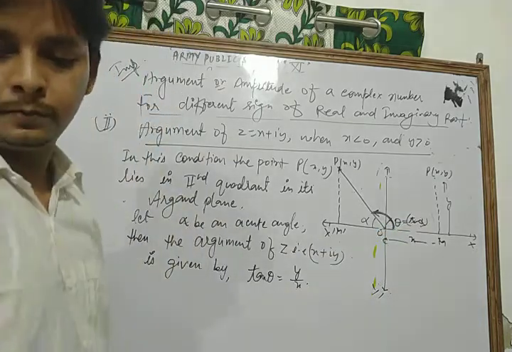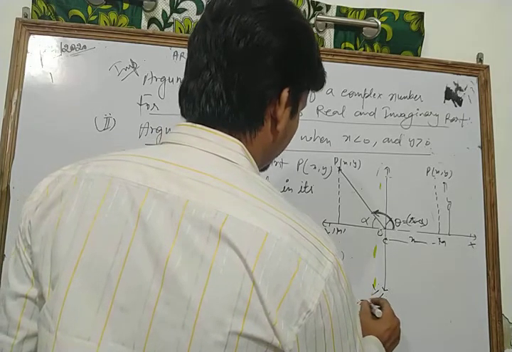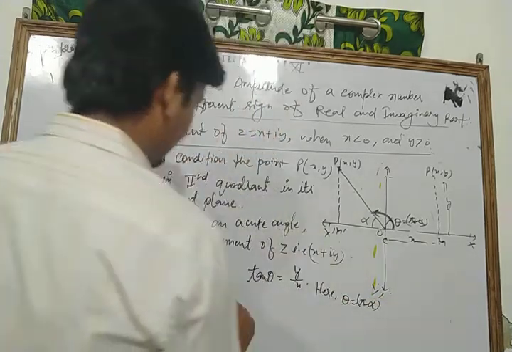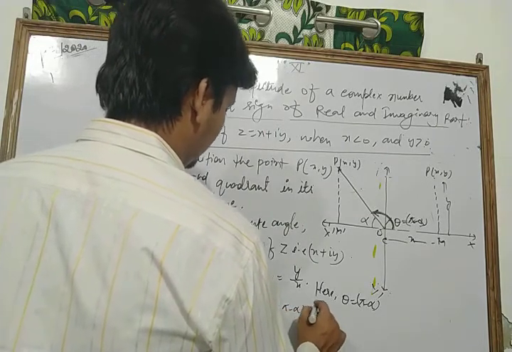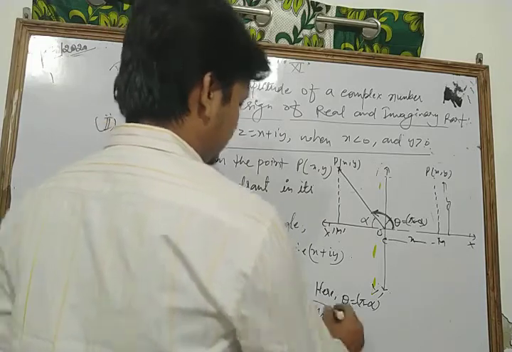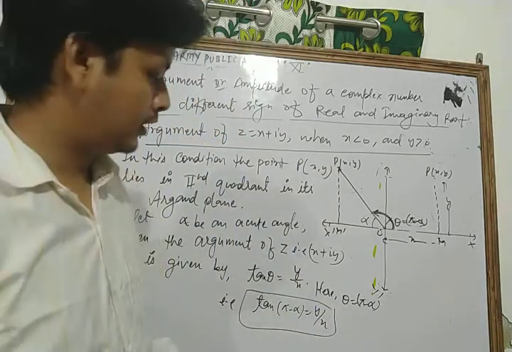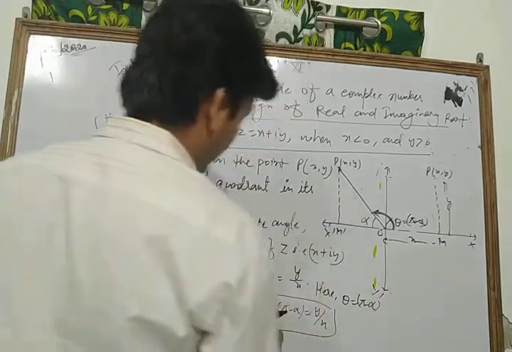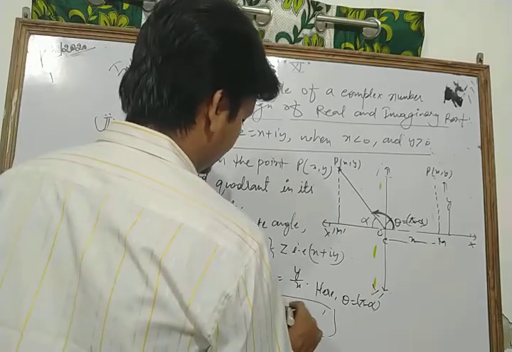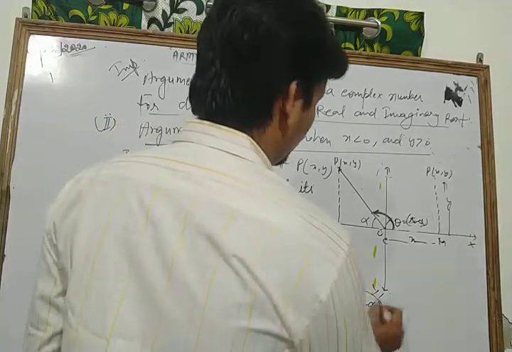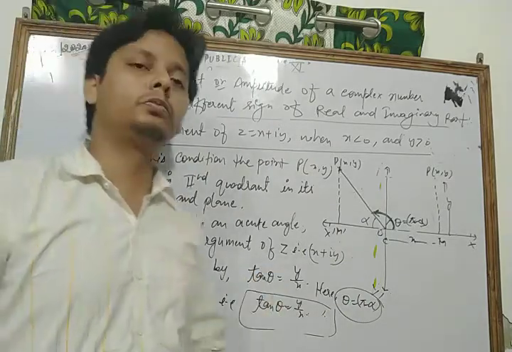Here theta is equal to pi minus alpha, that is, tan(pi minus alpha) = y/x, so tan alpha is equal to the absolute value of y/x. In that condition, the argument of z is equal to pi minus alpha.